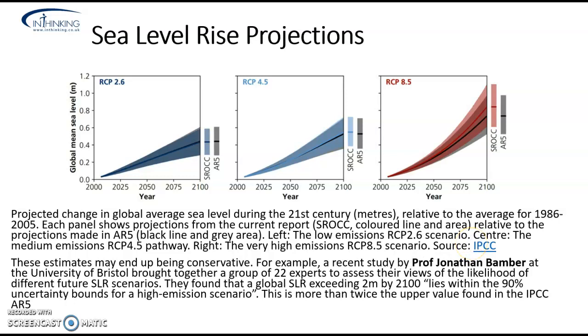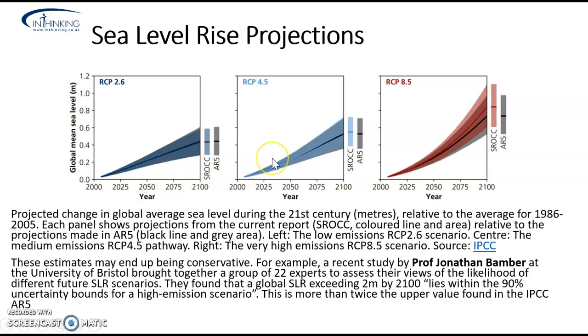And that starts to get us thinking about projections for the future in terms of sea level rise, and there is enormous amounts of uncertainty around that. What we've got here are various modeled projections showing 3 different possible outcomes in terms of emissions scenarios. So this is the low emissions RCP 2.6 scenario.